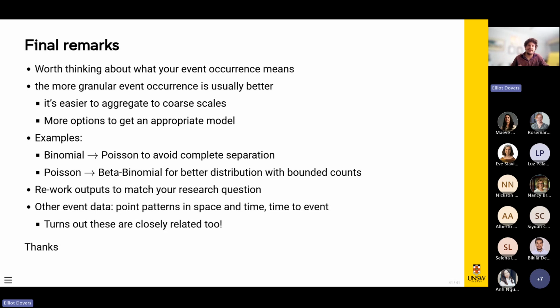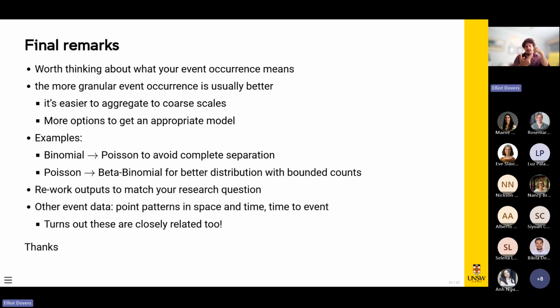So just thinking about that is a pretty good thing to have up your sleeve when you're considering event data. I guess typically, the more granular you can record your event occurrence is the better. It's generally easier to aggregate to coarser scales than to go down to finer ones. So it gives you more options for appropriate analysis approaches.